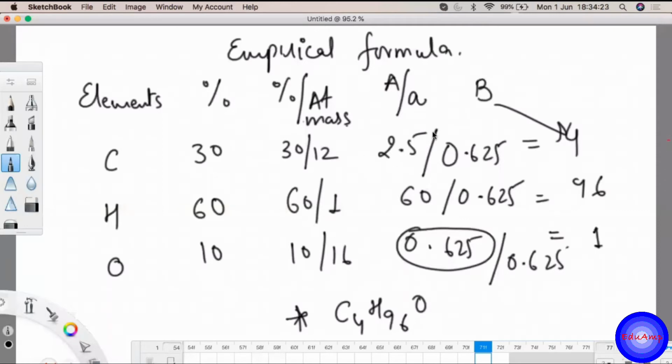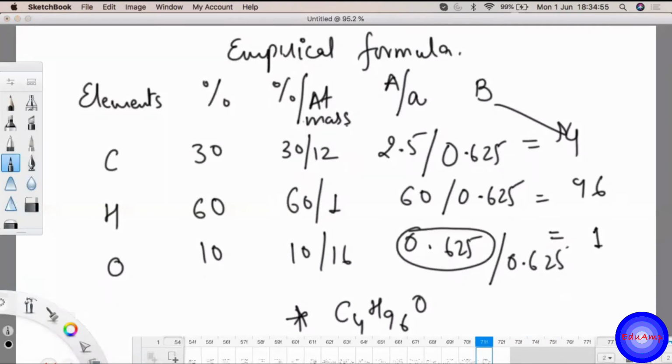After that, find the smallest number out of these three, and divide each number by the smallest number. So 2.5 divided by 0.625, 60 divided by 0.625, 0.625 divided by 0.625. Then you get numbers which define the number of each element in your empirical formula. So C4H96O.